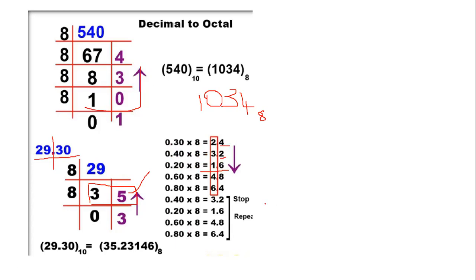You should write from top to bottom, so our answer is 231. So for 29.30, your answer will be 35.231. From top to bottom, you write 2 first, 3, and 1. Like this, we can solve it. We will see one more example.